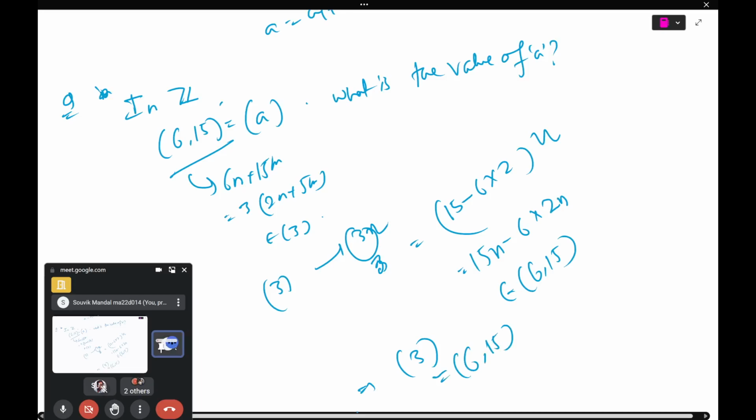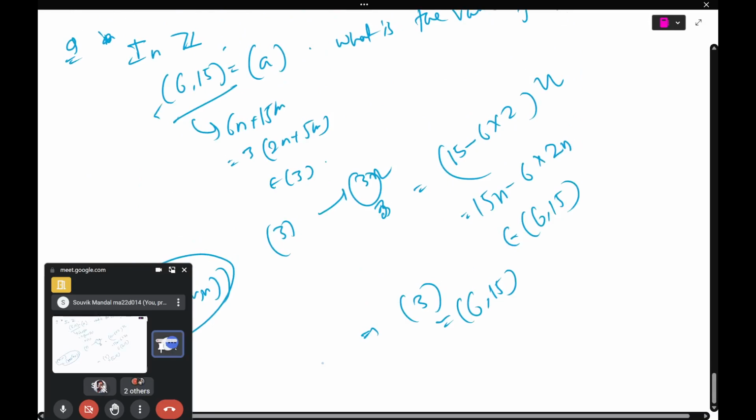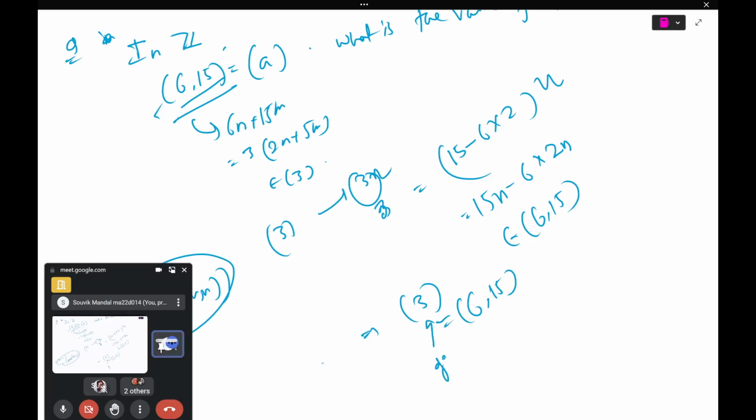In general, the fact is that the ideal generated by m and n is equal to the ideal generated by its GCD. Here the GCD of 6 and 15 is 3, so the answer is the ideal generated by 3.